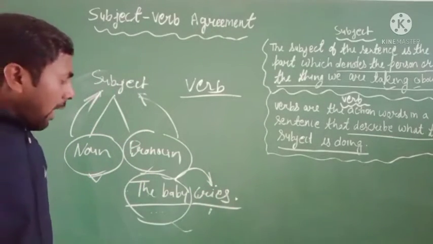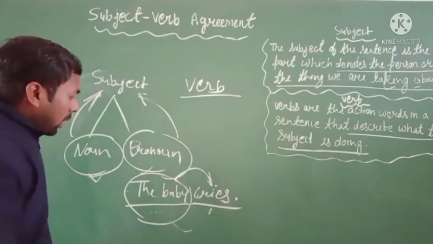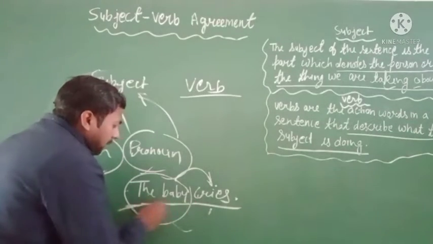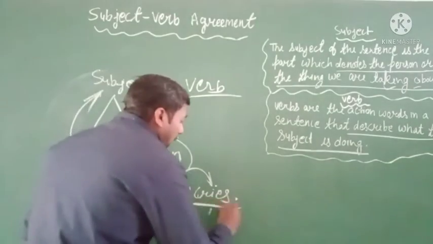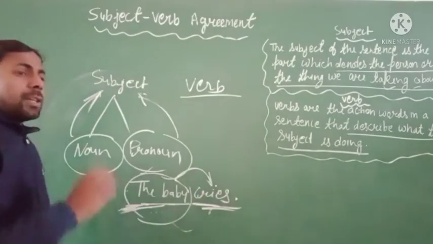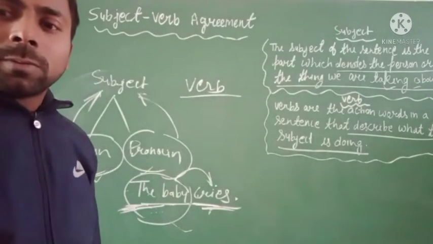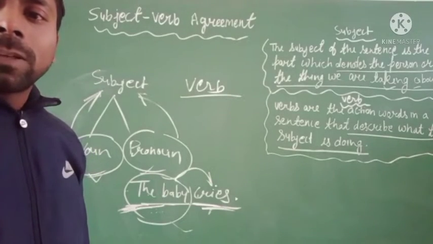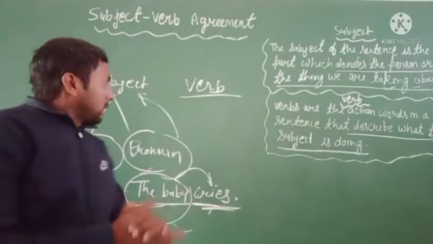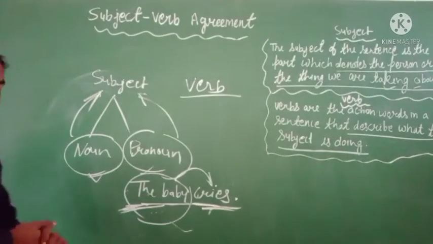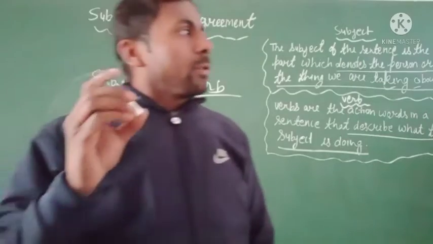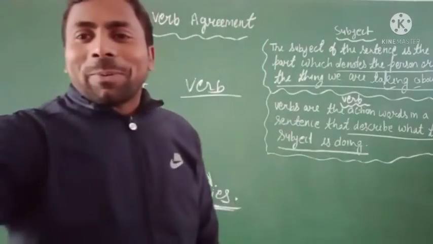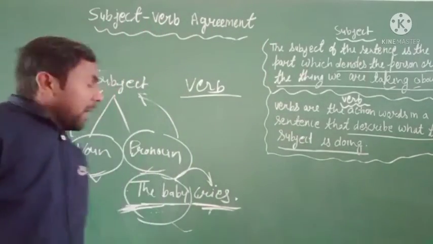And you can see here is the singular number subject, so you use the singular number verb, and it is very important. With a singular number subject you add the singular number verb, and if the subject is plural number then you use the plural number verb. I gave you another example.